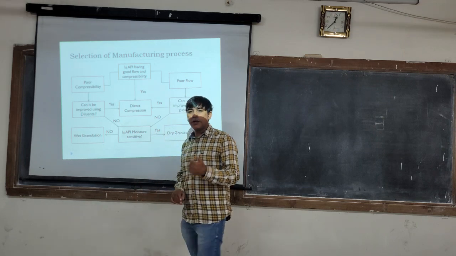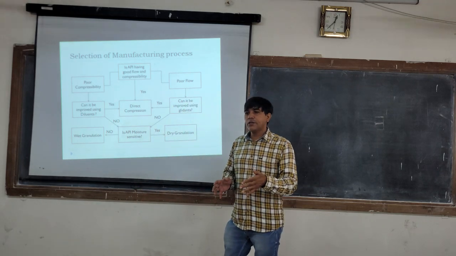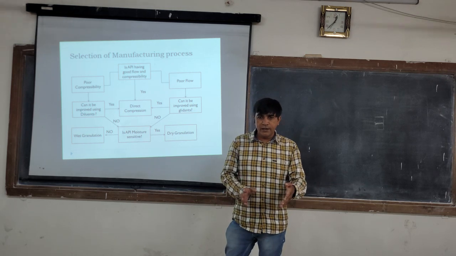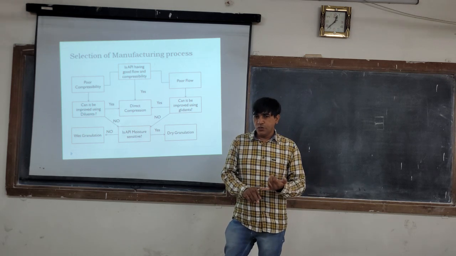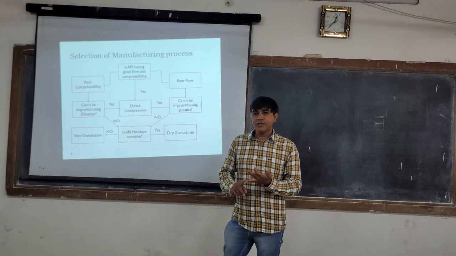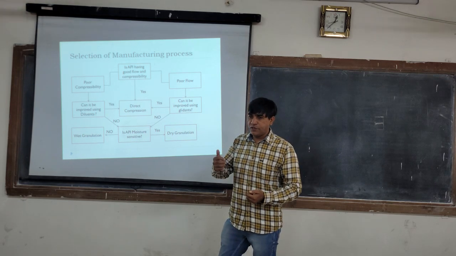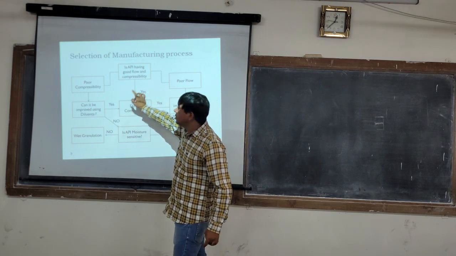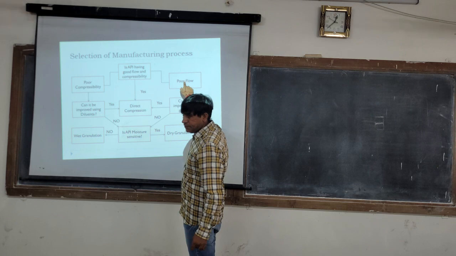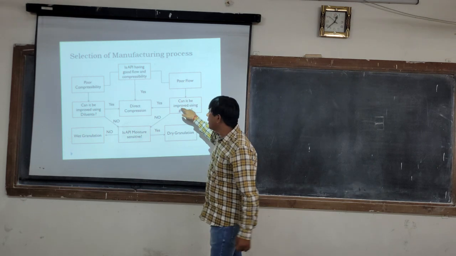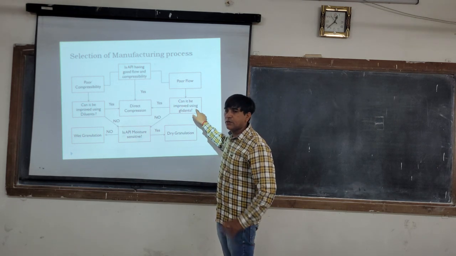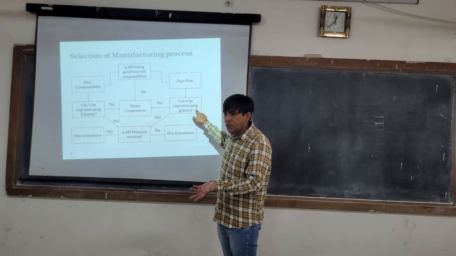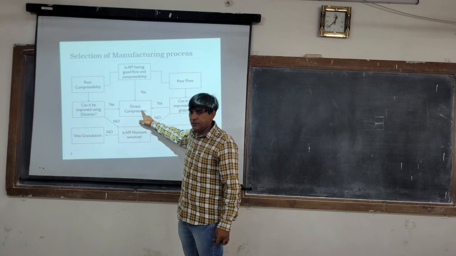Direct compression makes the process cheaper, because the steps of granulation and drying are omitted. So it saves time as well as energy, and that's why the manufacturing process is cheaper. If any of the answers is not yes, if flow is poor, the next question is: can it be improved by using glidants? Though flow is poor, if we can improve it by incorporating glidants, we can go for direct compression.